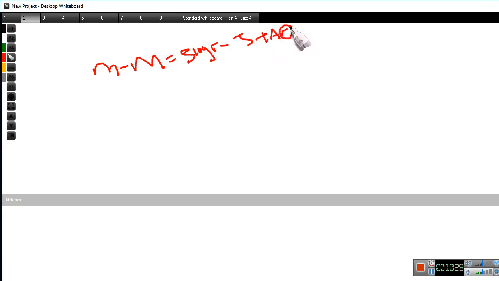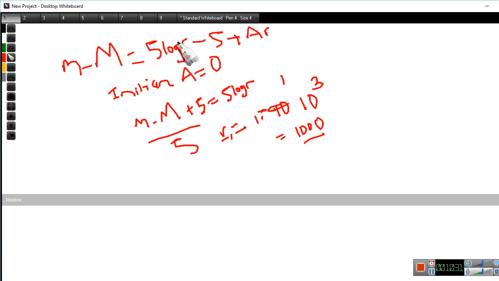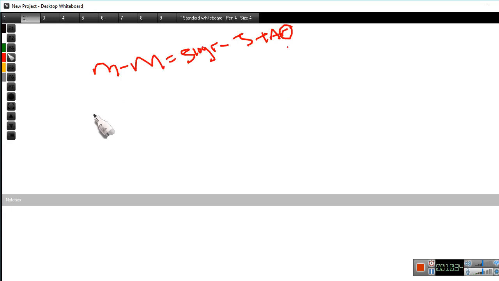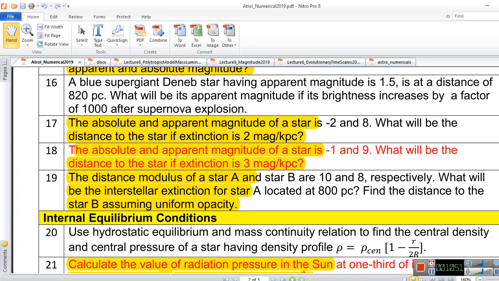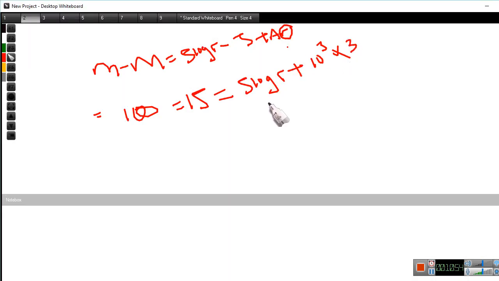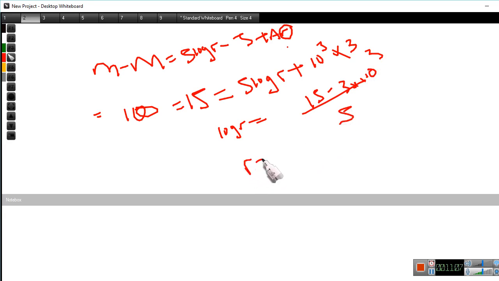In place of this r, I substitute the initial radius that I found. So 10 is equal to that, moving 5 over gives 15. 15 is equal to 5 log r plus 10 to the power 3 into the extinction, which is given as 3 per megaparsec. Then I'll divide the whole thing by 5, that is 15 minus 3 into 10 to the power 3 divided by 5. From here a value of r comes.